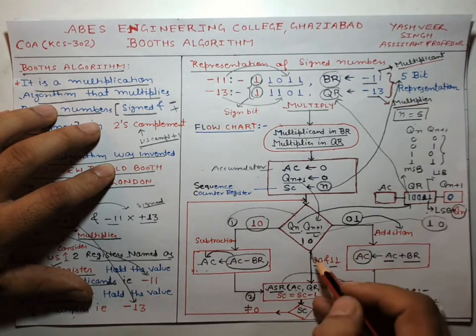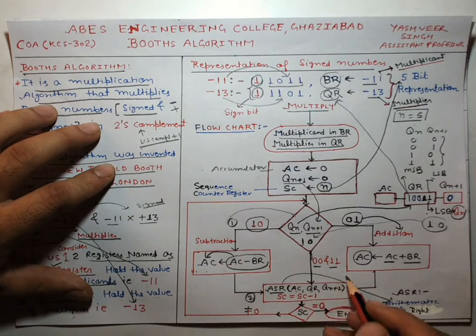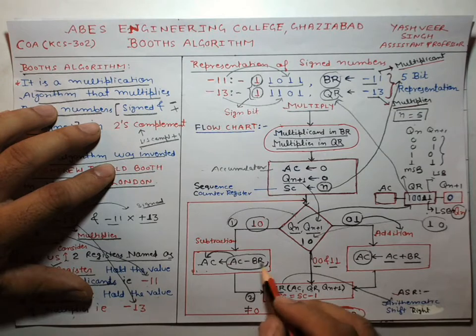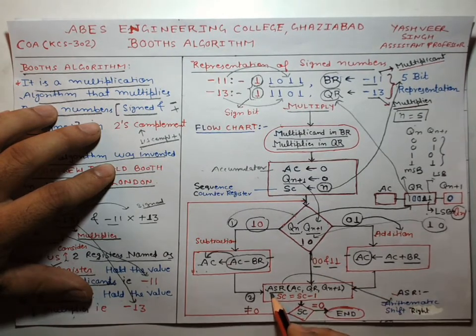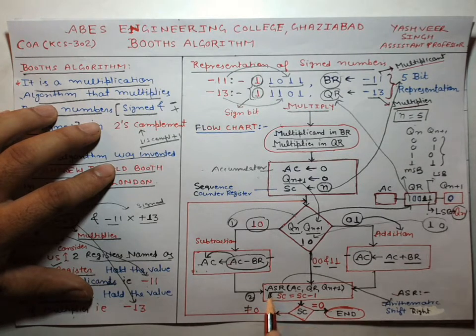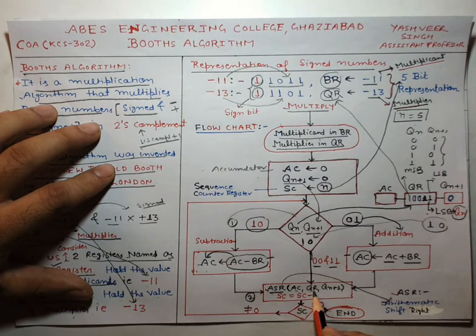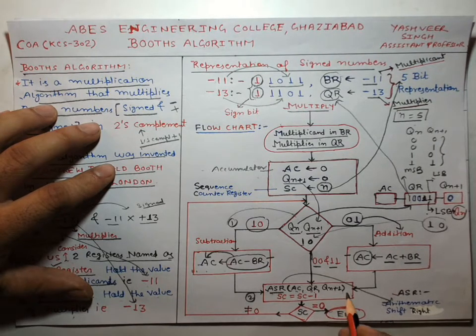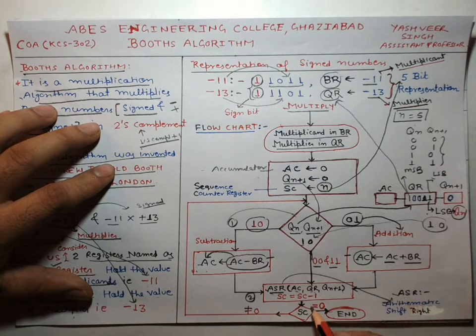And in the case of 00 and 11, we skip these two steps and directly go to this step, arithmetic shift right of accumulator, QR and Qn plus 1. This step can be understood by the example of multiplication.